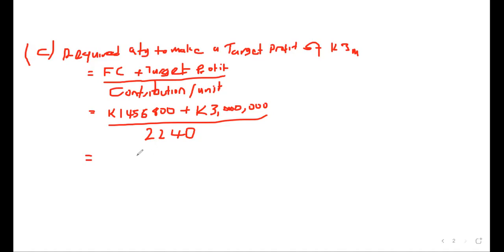So now we can divide that. What do we get? We should be able to get something like 1,989.6. Since they are units, we can round them off to 1,990.